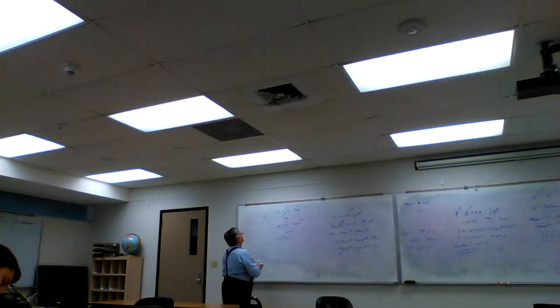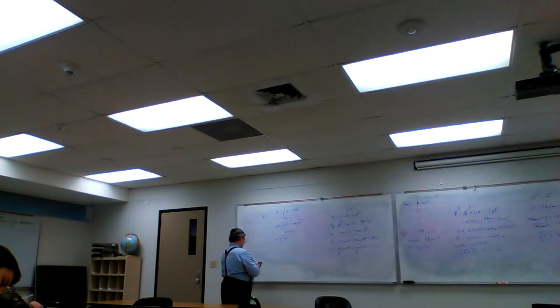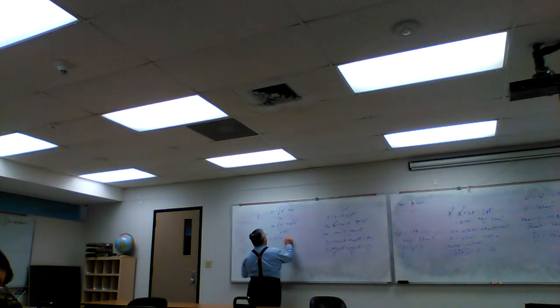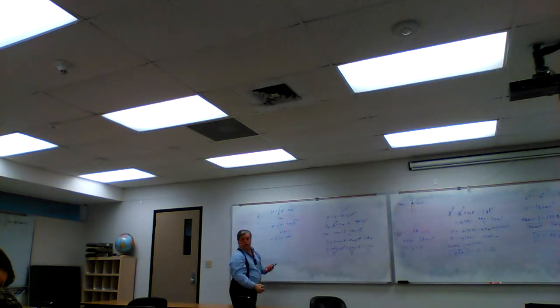Four times A times C is 254.8. You'll notice the two negatives cancel to make it a positive, so it is still a difference.